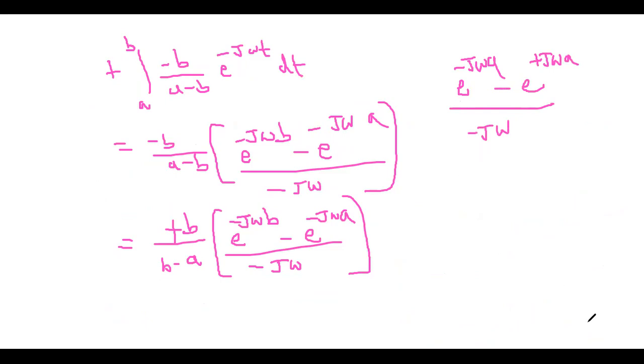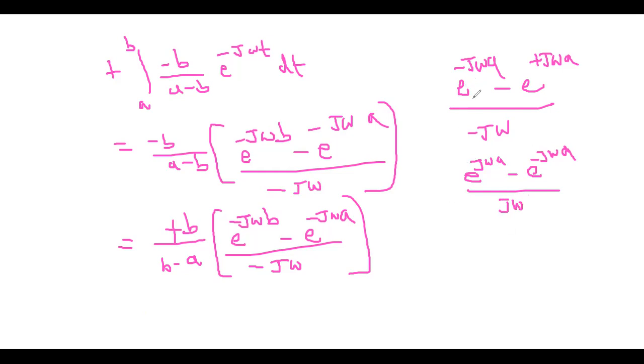We take the minus as common, and it becomes e power j omega a minus e power minus j omega a, whole divided by j omega.